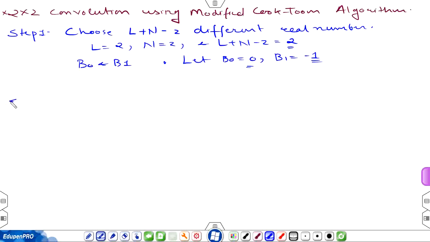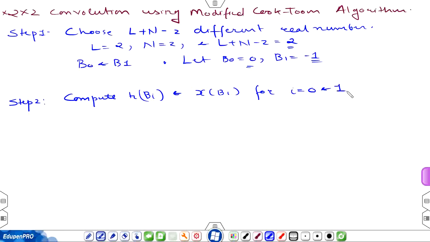Step 2 is to compute h of beta i and x of beta i for i equal to 0 and 1.